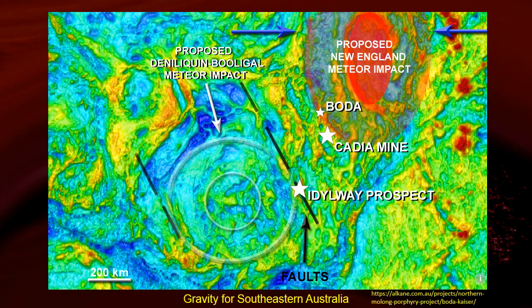A prospect that is currently being developed with the potential to be a major porphyry gold copper deposit is the Boda prospect, and the location of which is on the edge of the proposed New England meteor impact.